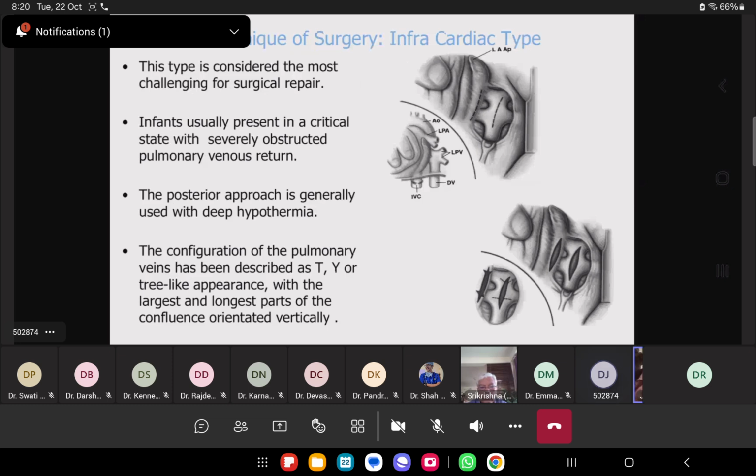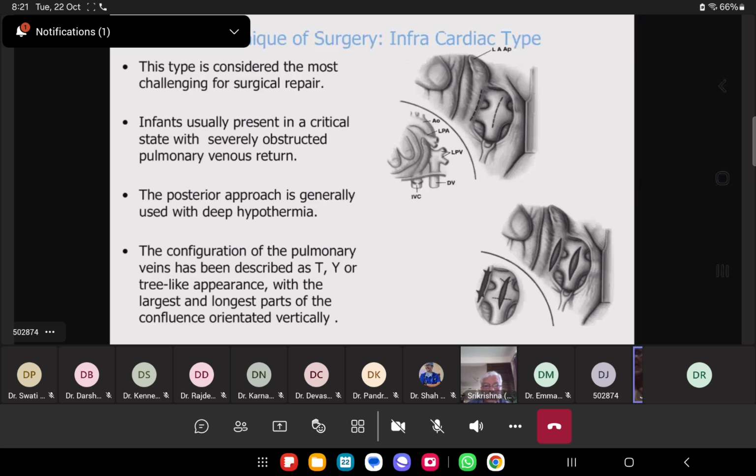The other thing we always say in cardiac catheterization is that oxygen saturation is equal in all the chambers. But there's an exception sometimes. In the supracardiac type, there's something called streaming of the blood.